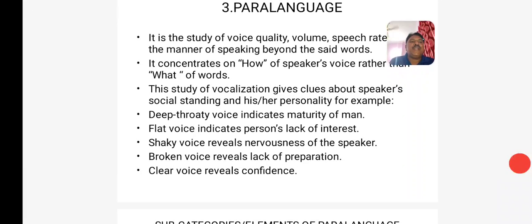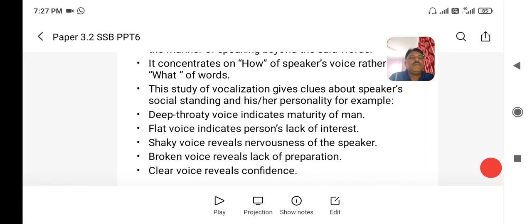The people in the field of journalism, the scientists, the people in the field of electronic and print media, the people in the field of film industry, the people in the field of competitions like singing, debate, group discussions, brainstorming sessions, etc. In all these activities, paralanguage matters.